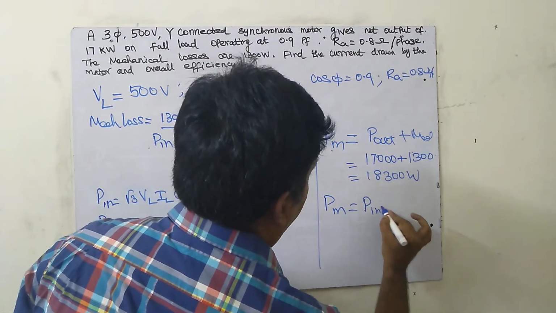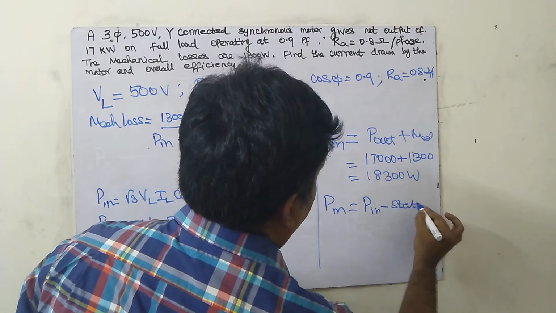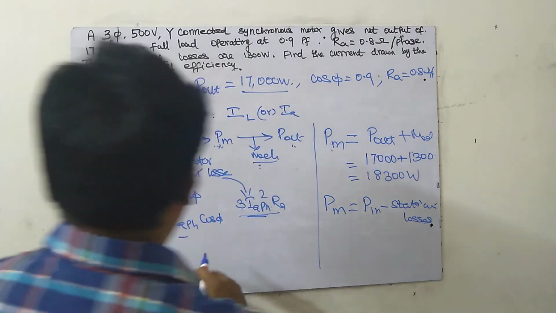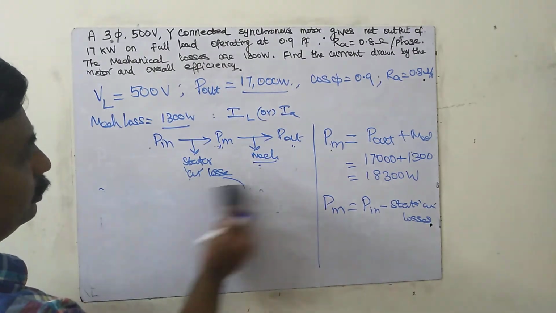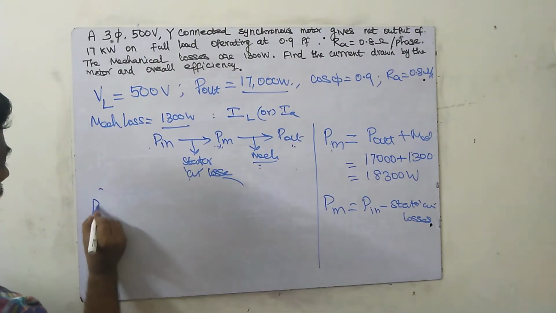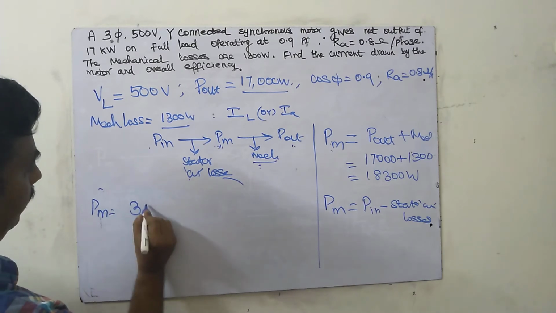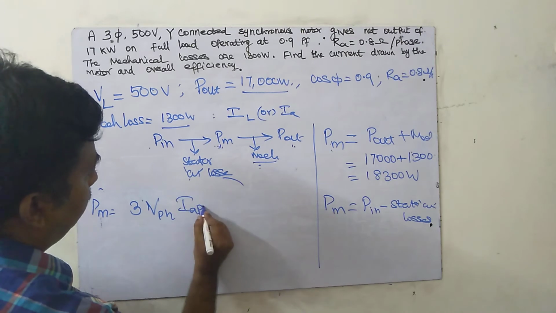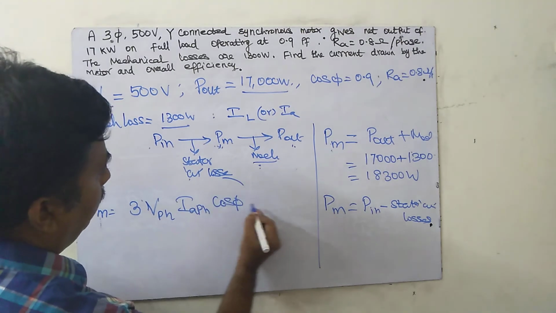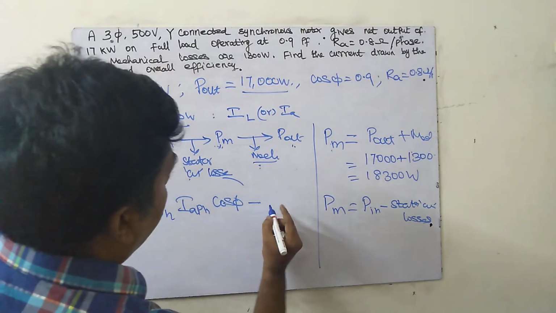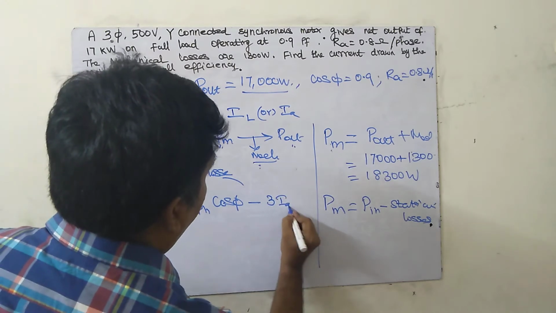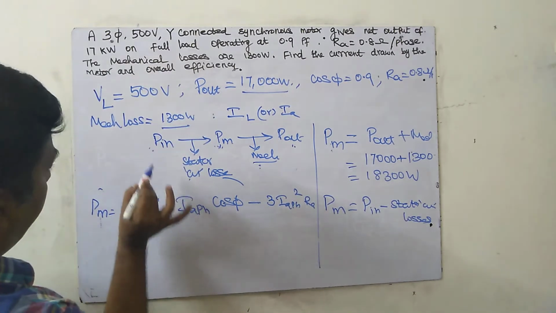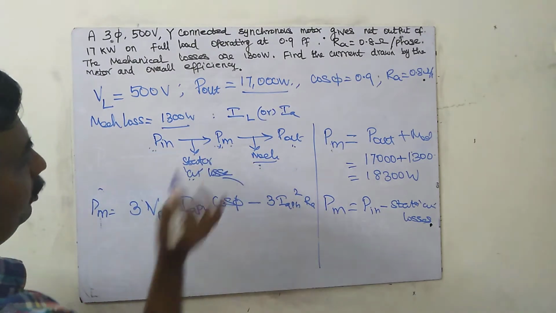So PM equals 3 into V phase into IA phase into cos phi, minus the stator copper loss 3 into IA phase square into RA. That is P in minus stator copper losses equals PM.